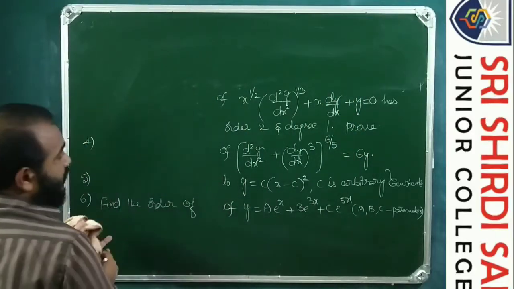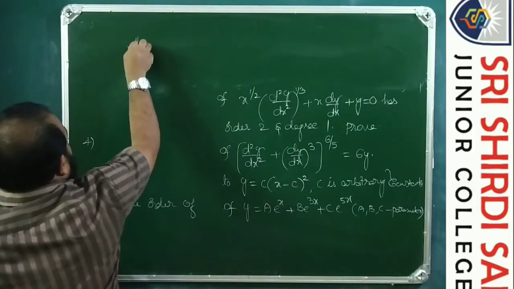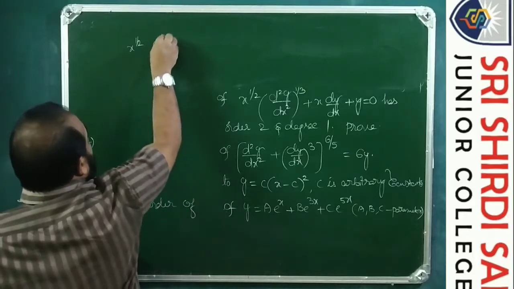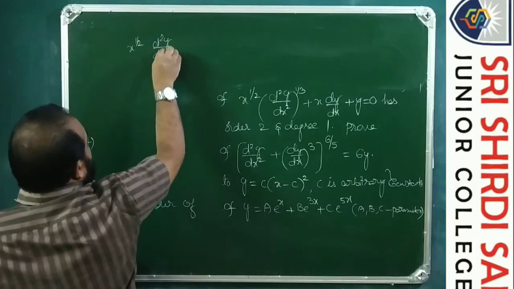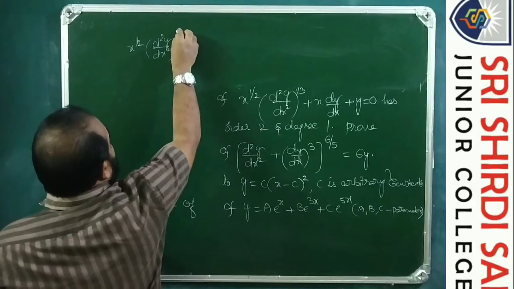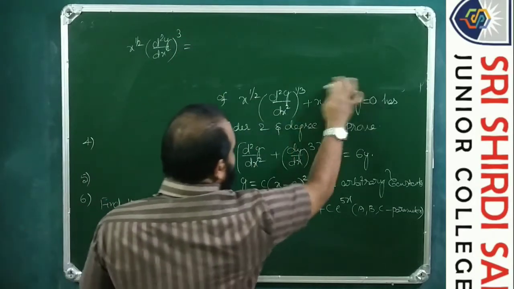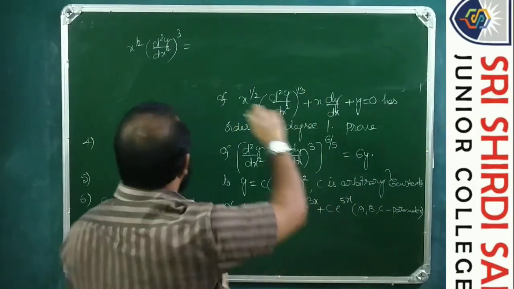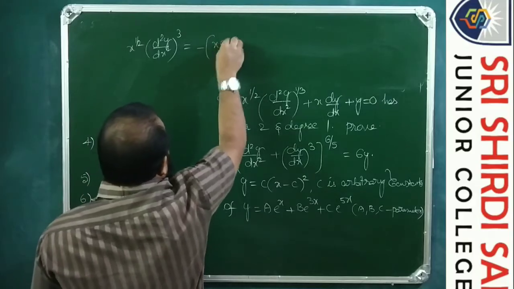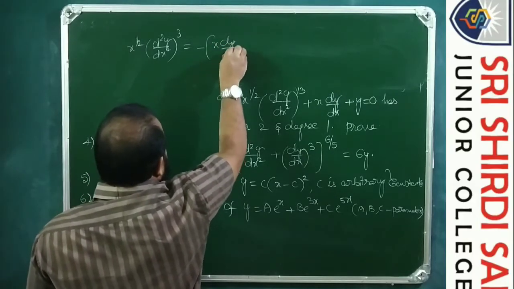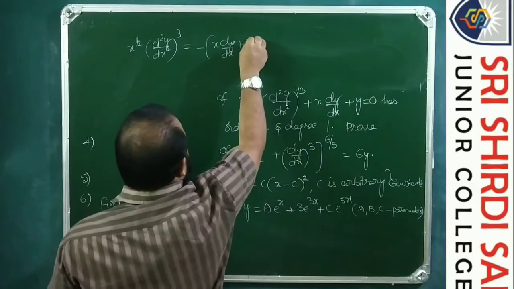Now listen, x power 1 by 2 d square y by dx square whole cube is equal to, if you transpose these two terms to the other side, minus of x dy by dx plus y.